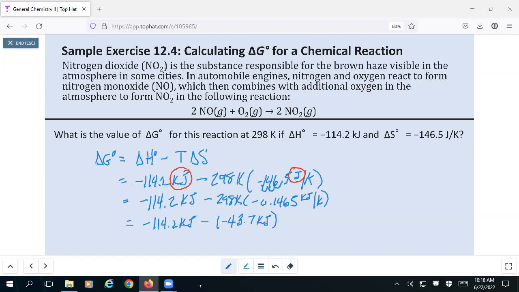The negative of a negative turns that into a positive. So delta G is equal to negative 70.5 kilojoules.